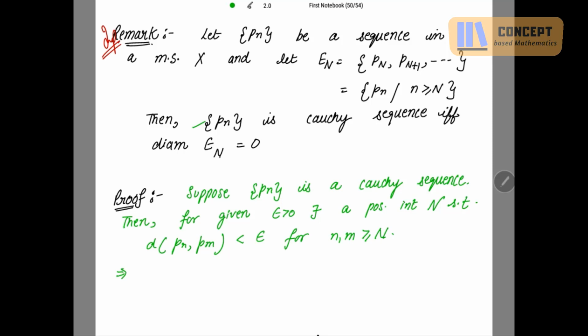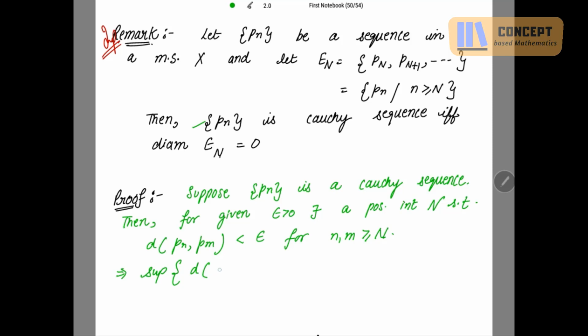So if any distance is strictly less than epsilon, that means the supremum distance is also strictly less than epsilon, because this is happening for all the terms of the sequence. That means some distance can be the supremum, right? And that supremum distance is also strictly less than epsilon because the sequence is a Cauchy sequence.